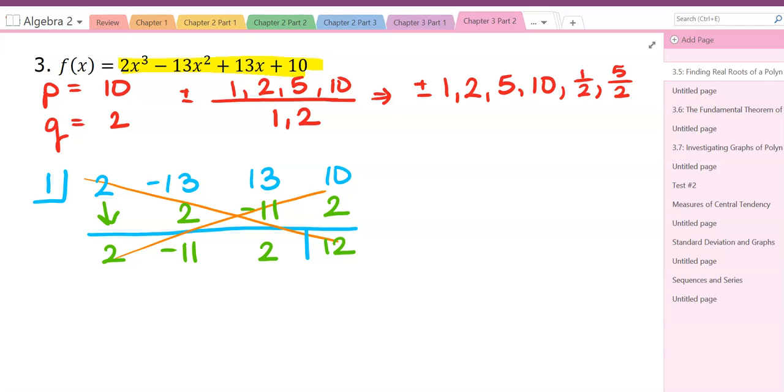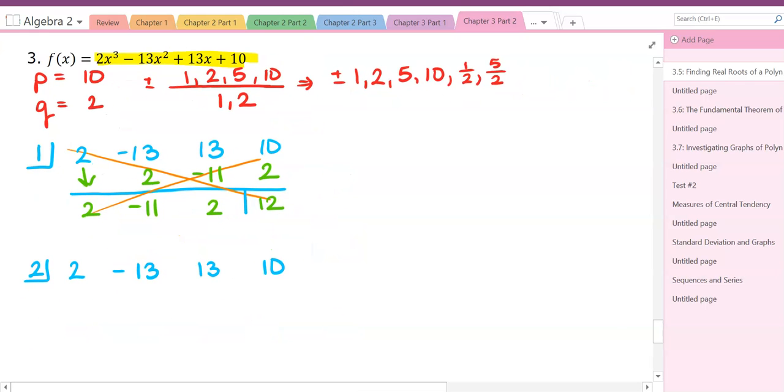So let's try a 2 instead. I'm using the same coefficients, 2, negative 13, 13, and 10. We're going to do the same process here. So drop down that first 2, and then you multiply. 2 times 2 is 4. 4 plus negative 13 is going to leave me with what?